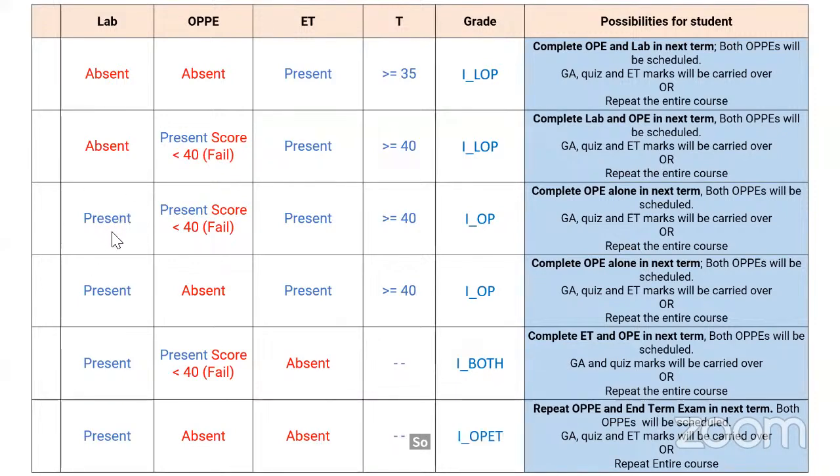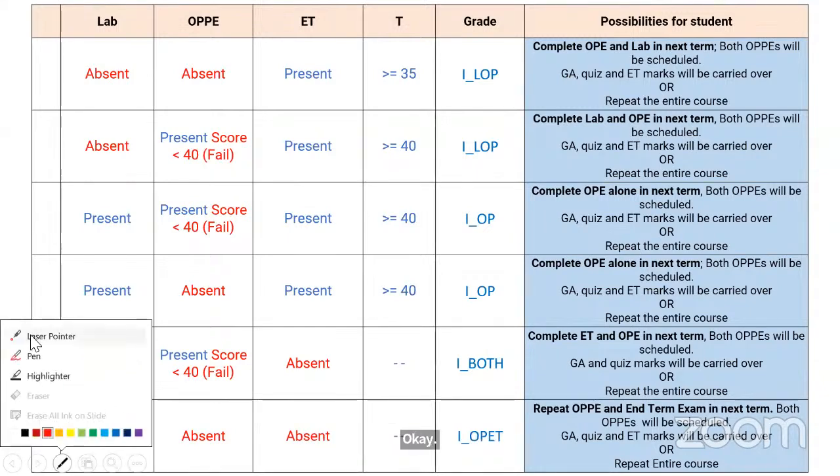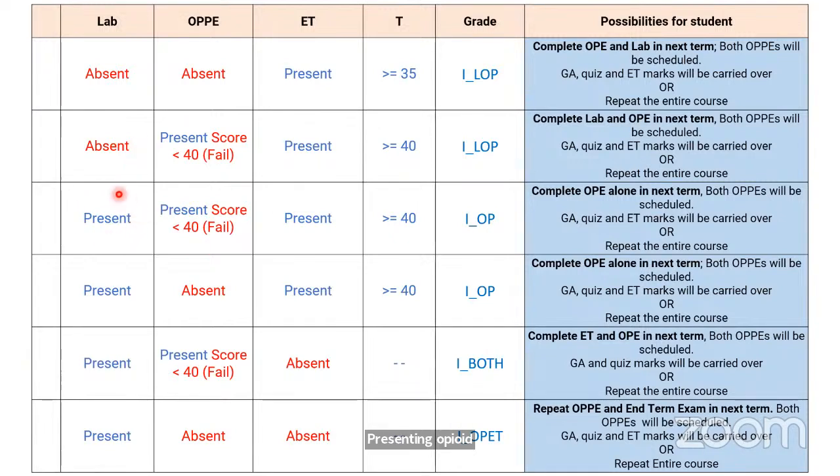So you are present for the lab, present for the end term, but you failed in the OPPE. In that case, you can take the OPPE alone in the next term.